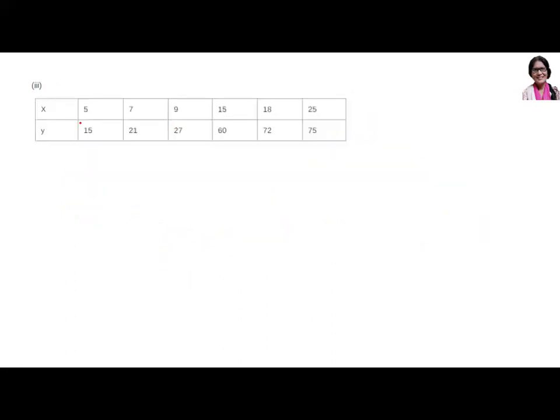Third one, I hope now you have learned, you can write it yourself. 5 by 15, 1 by 3. 7 by 21, yes, 1 by 3. 9 by 27, yes, 1 by 3. 15 by 60, 1 by 4.